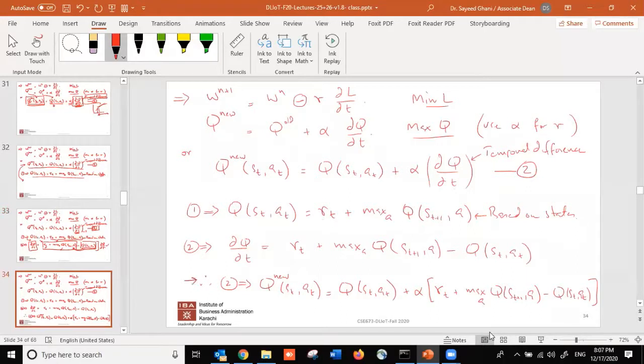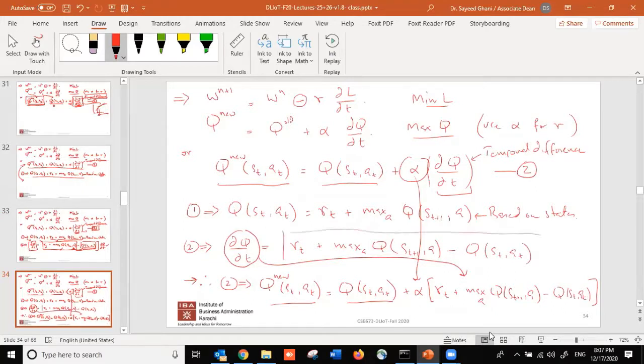We take equation number 2, we take this value over here, Q(S_t), and we have alpha coming in over here, and we take dQ by dt, which is from here. So we plug this in over here. And dQ by dt was this particular term over here, which is now what we have over here.